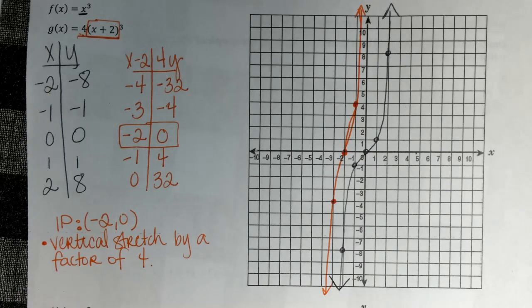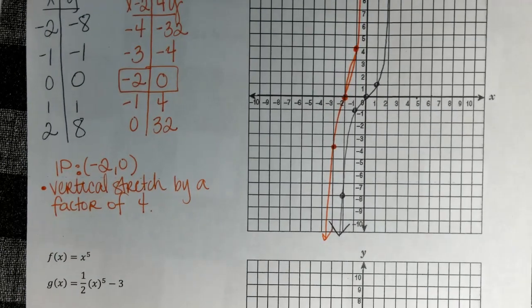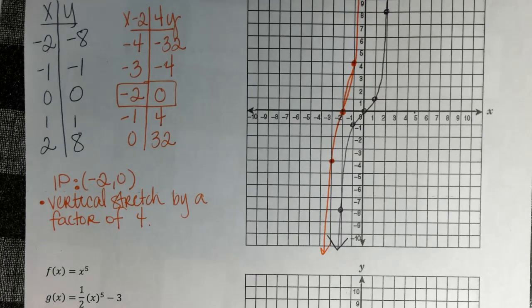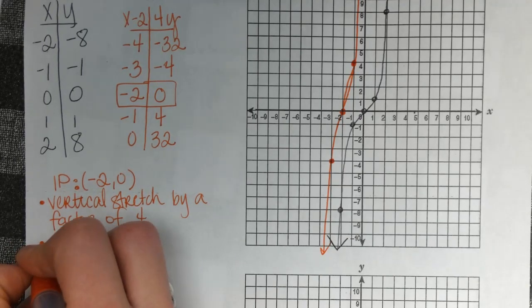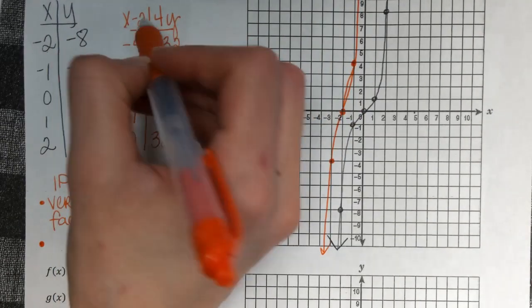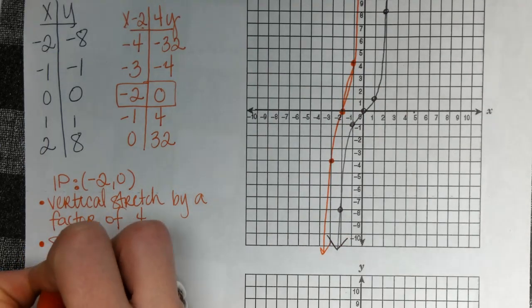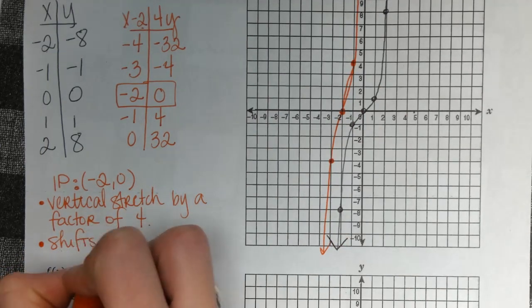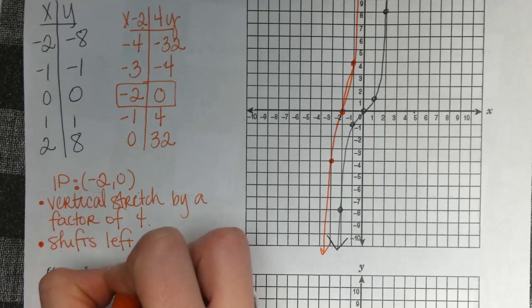Once you get in the habit of saying by a factor of, because in pre-cal you will do that when you do transformations. And then the x minus 2 told me I shift left 2 units.